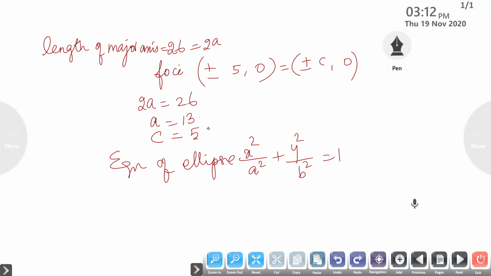Yes, Archana. c square is equal to a square minus b square. From here, find out b. So b square is a square minus c square. So what is b?